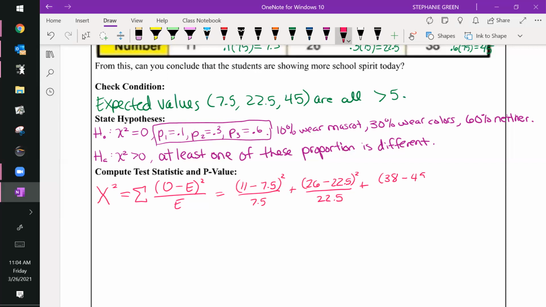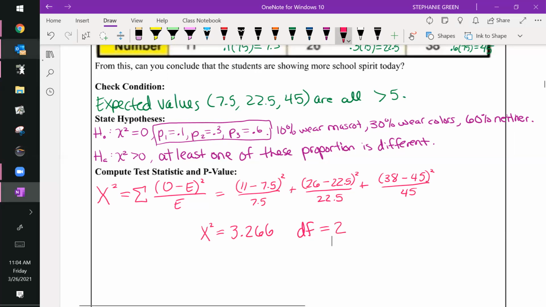That is a bit different. So we follow order of operations, and we should get that the chi-squared statistic is about 3.266. So we can try to do this from our table again, remembering our degrees of freedom is the number of expected values minus 1. We have 3 observed values, so that would be 2.